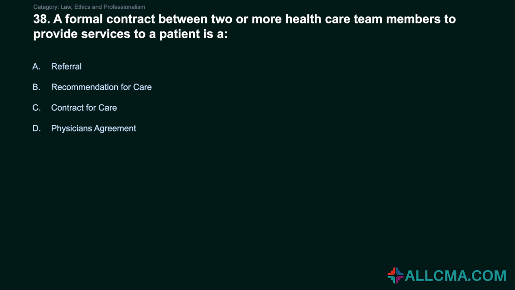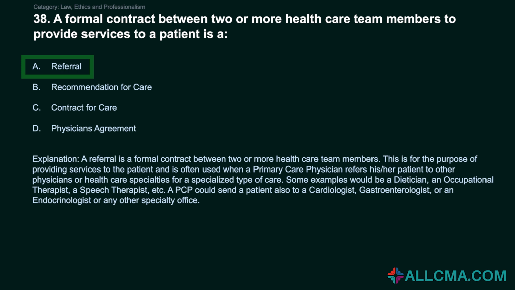38. A formal contract between two or more healthcare team members to provide services to a patient is A. Referral. B. Recommendation for care. C. Contract for care. D. Physician's agreement. Correct answer, A. Referral. A referral is a formal contract between two or more healthcare team members.